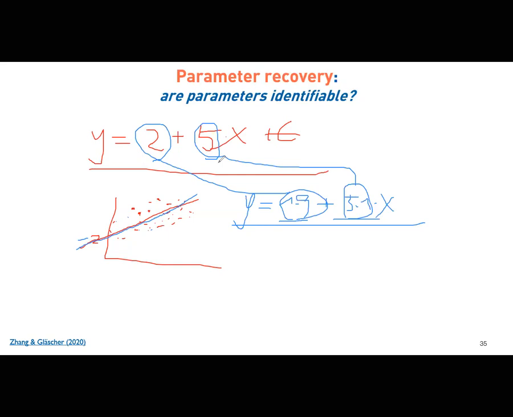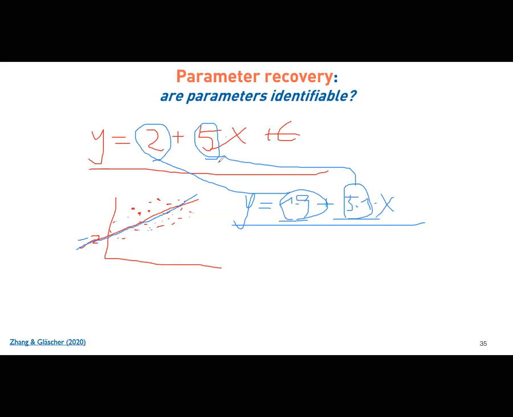We use the 2 and 5 to generate fake data, and we fit a line, and then we see if we can recover the intercept and the slope. This is good, right? The 1.9 is basically 2 and 5.1 is basically 5.